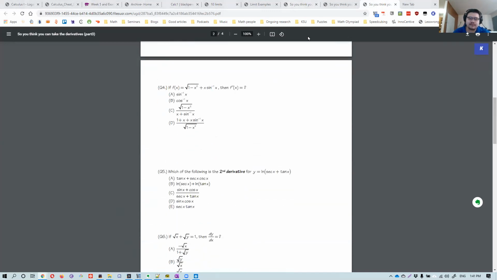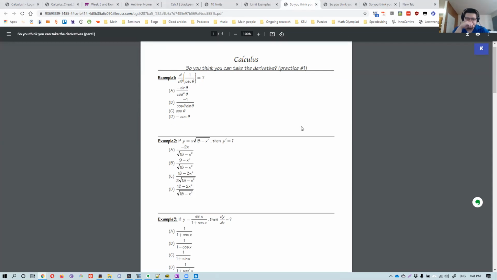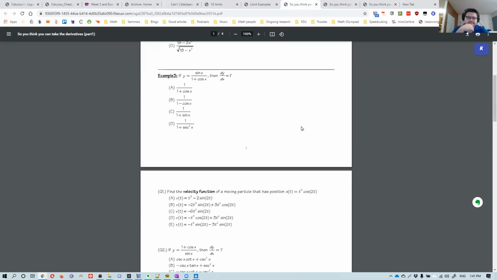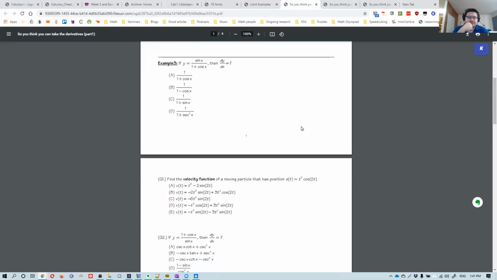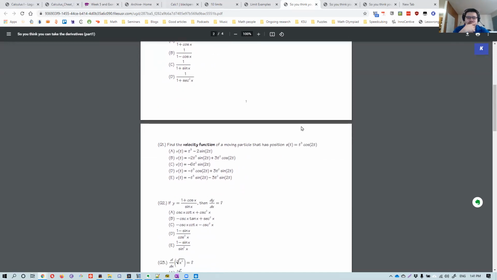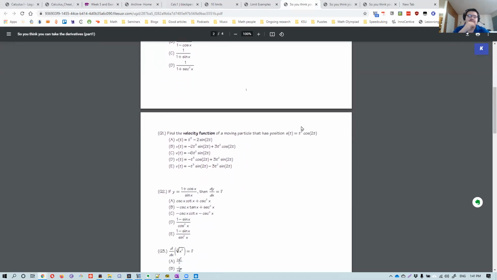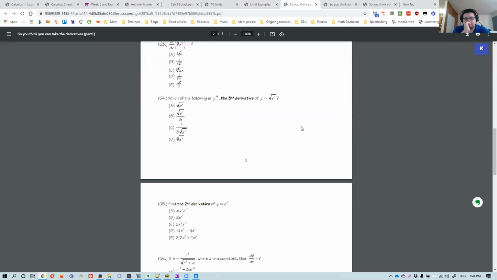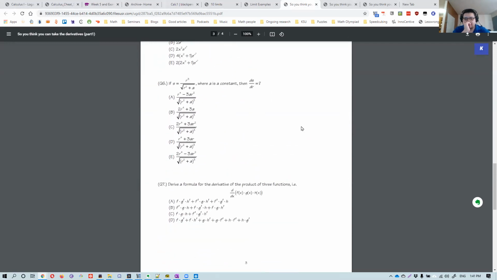And in this case, because he's doing it in a multiple choice kind of format, you do maybe need to simplify some stuff just so that you can match up the solution. I don't know. What do you want me to do?